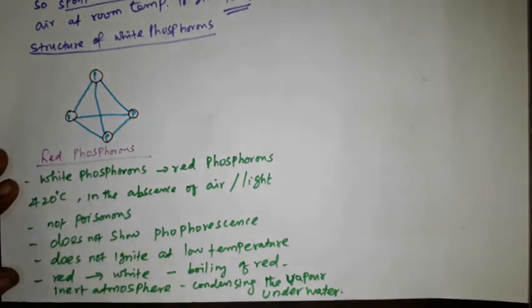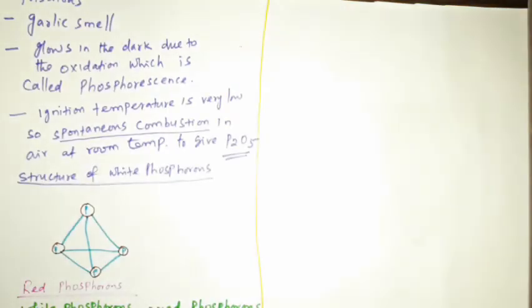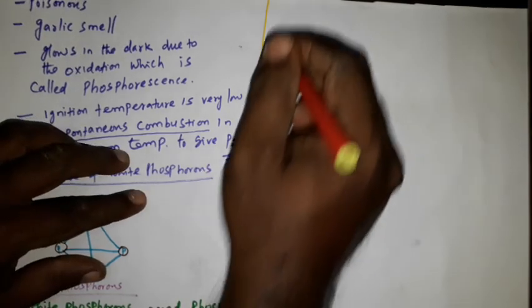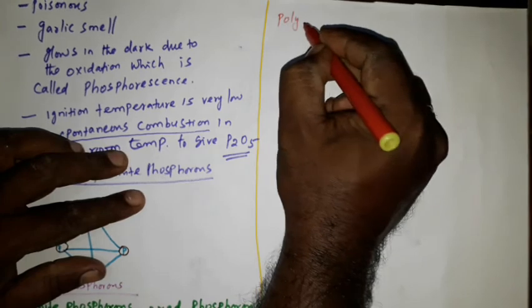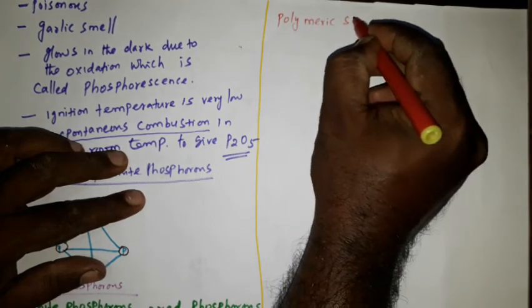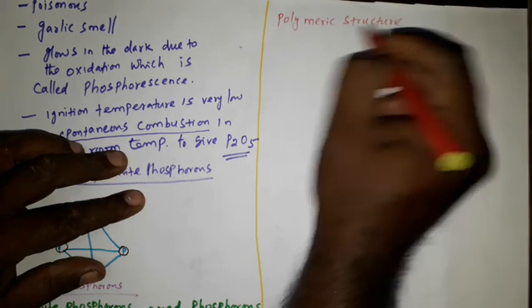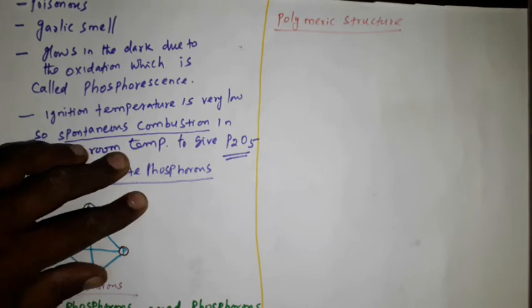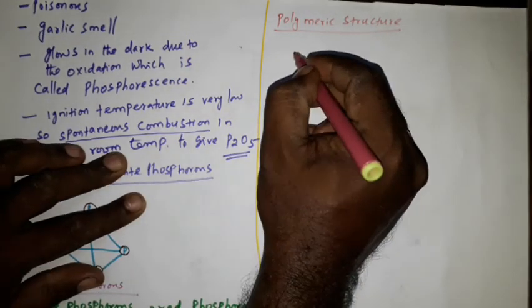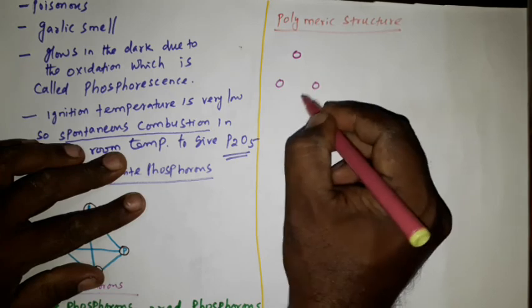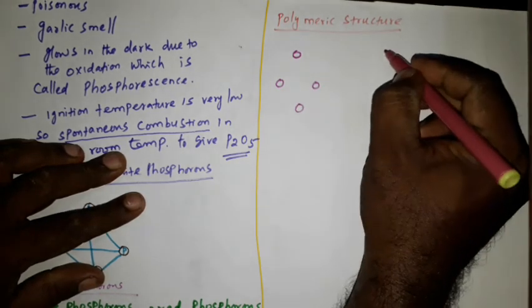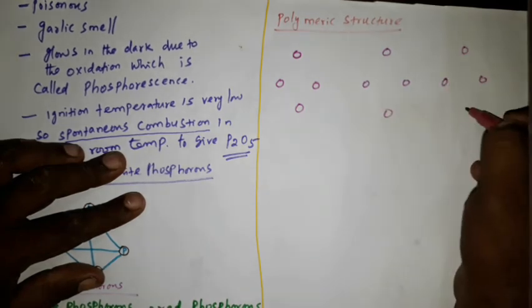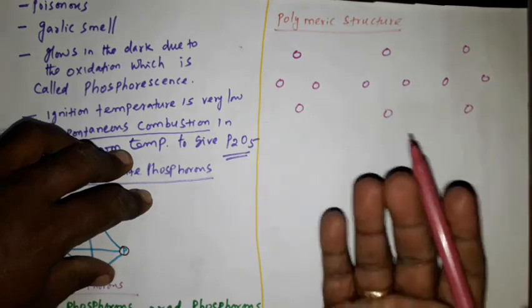Now we will study the structure of red phosphorus. Actually, red phosphorus has a polymeric structure. Polymeric means more than one chain.